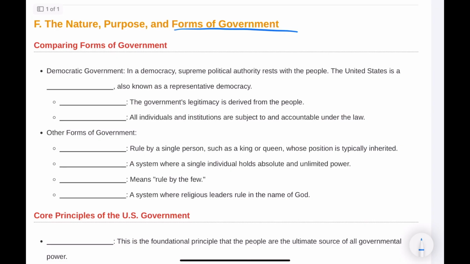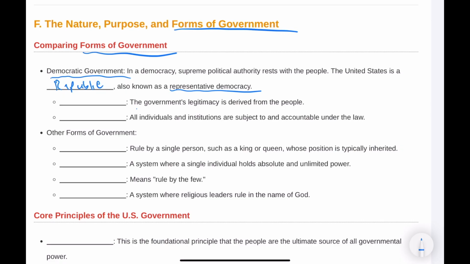All right, so let's first and foremost talk about the different forms of government. So we have right here this democratic government. In a democracy, supreme political authority rests with the people, and the United States is a republic known as a representative democracy.